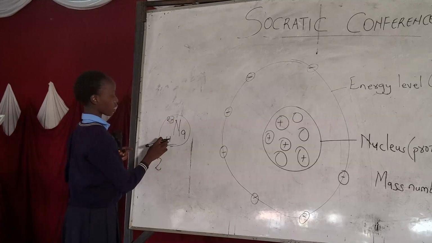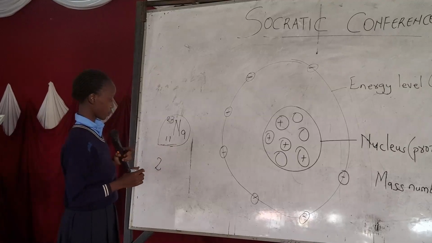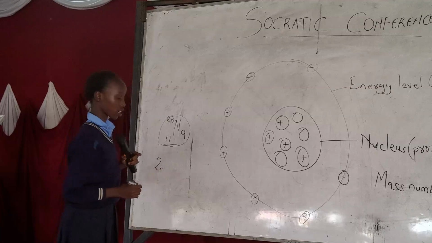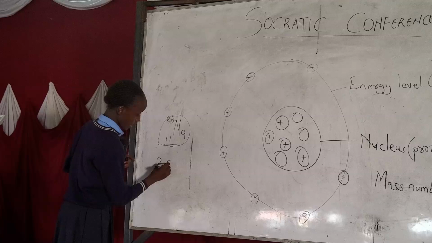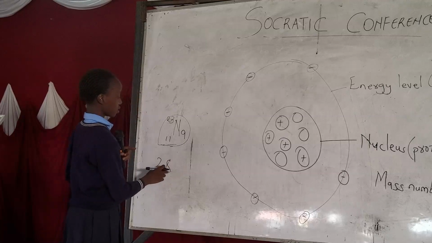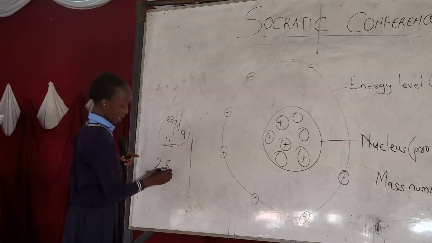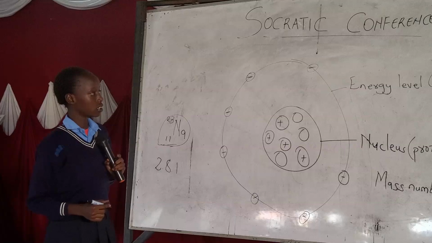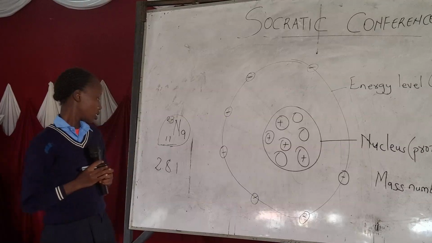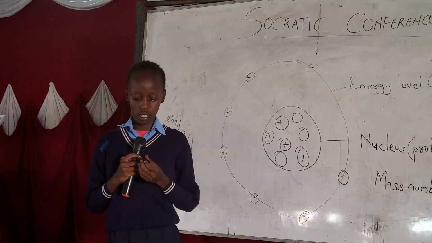When you subtract 11 minus 2, we remain with 9. And the second energy level accommodates 8. When you add these 2, it will be 10. So 1 is remaining. The last energy level will accommodate 1. You can represent this using dots or crosses.